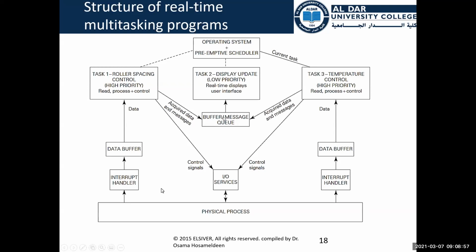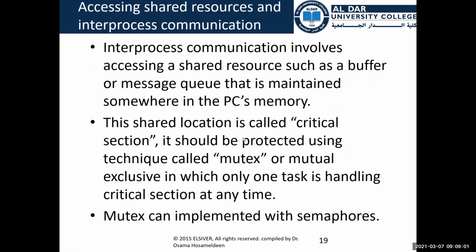So we have to manage this critical section, and the operating system deals with the critical section using something called mutex, or mutual exclusion. It means one task should be handling the critical section at a time. Only one task is handling the critical section. No multiple tasks handling the same critical section.